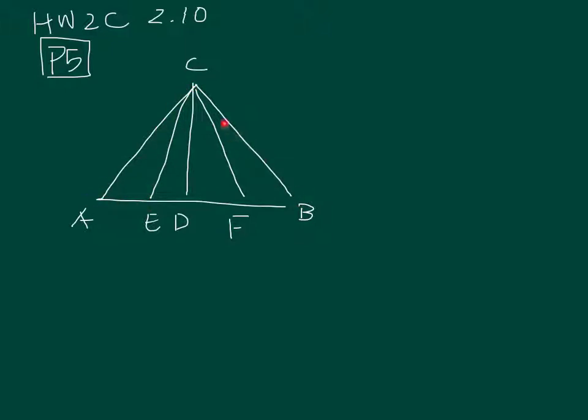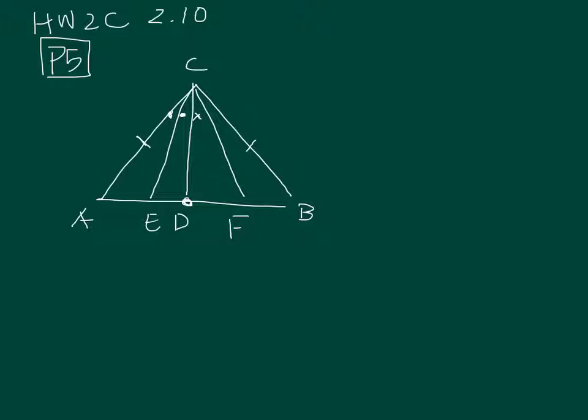is congruent to BCF? So first of all, we can put the tick mark for AC and CB because it's an isosceles triangle and they're congruent. And CD is a median, that means D is a midpoint. And also CE bisects angle ACD, so these two angles are the same.